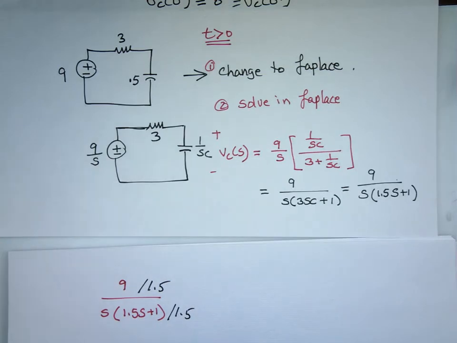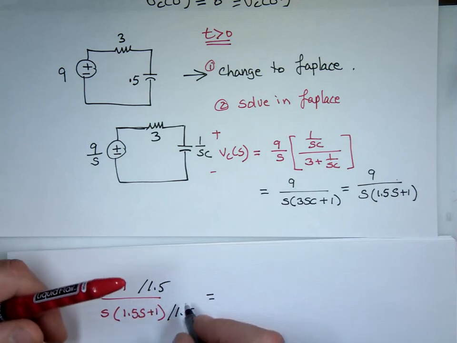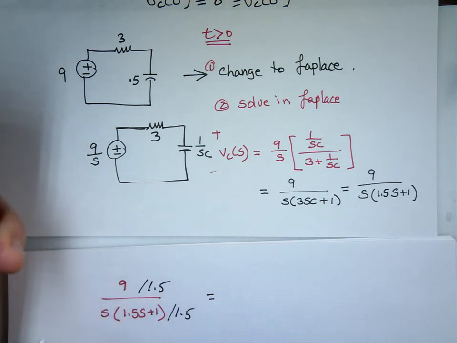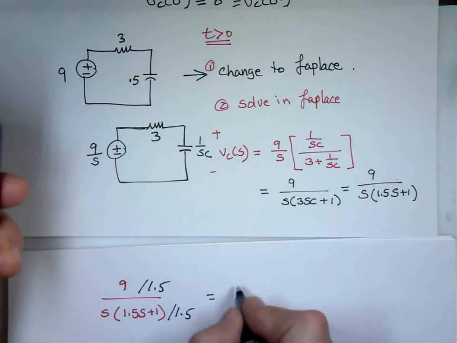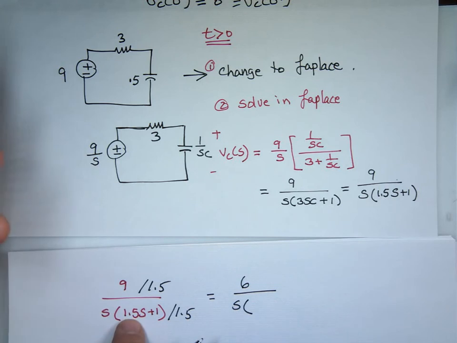If I do that, 9 divided by 1.5, is that a 6? I think that's a 6. It's getting pathetic, I got to use a calculator for that. That's a 6, yep, over S. When I divide by 1.5, that becomes S plus 1 over 1.5, which is what? 2/3? It will look like this.